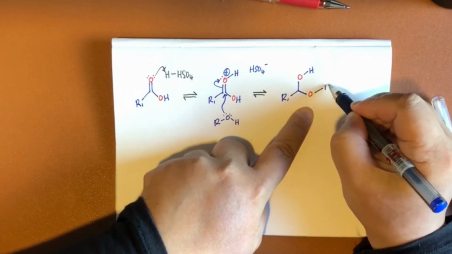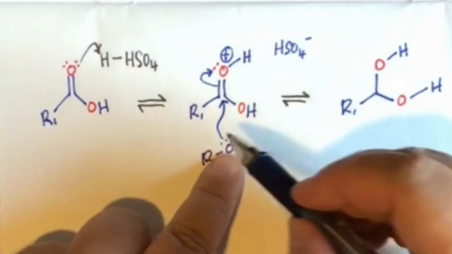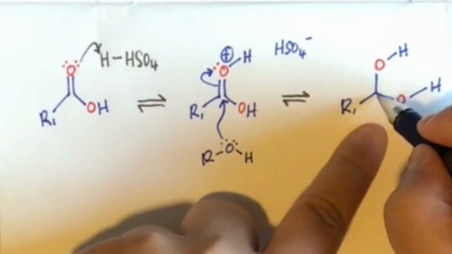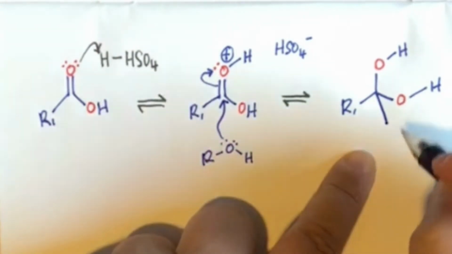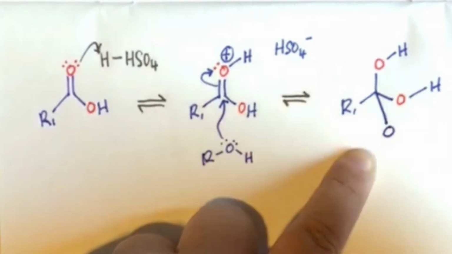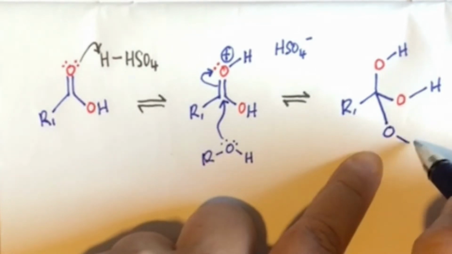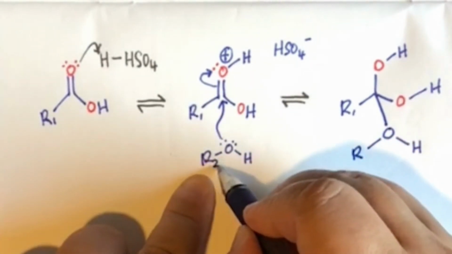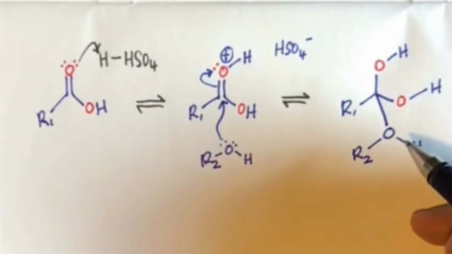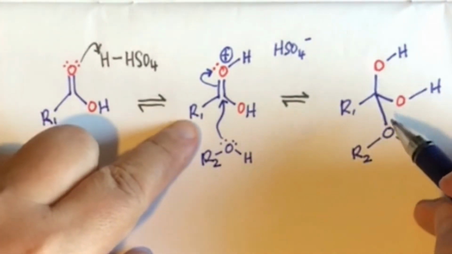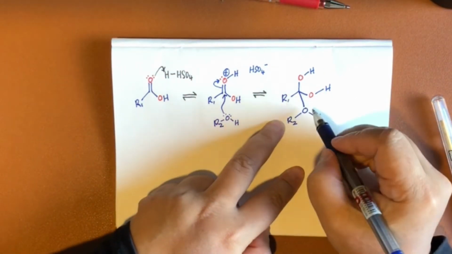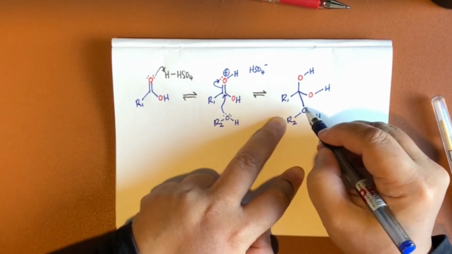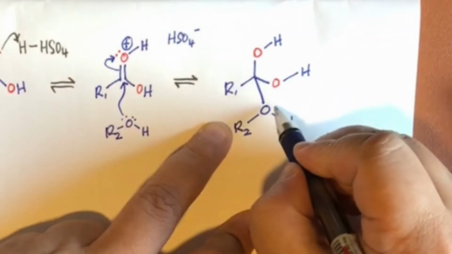All right, so when it attacks the carbon of the carbonyl, it makes a new bond, with H there, then your R. I'm going to label that as R2 to make it different from the R1 from the carboxylic acid. Okay, so now since it has three bonds, the oxygen of the alcohol would have a positive charge.